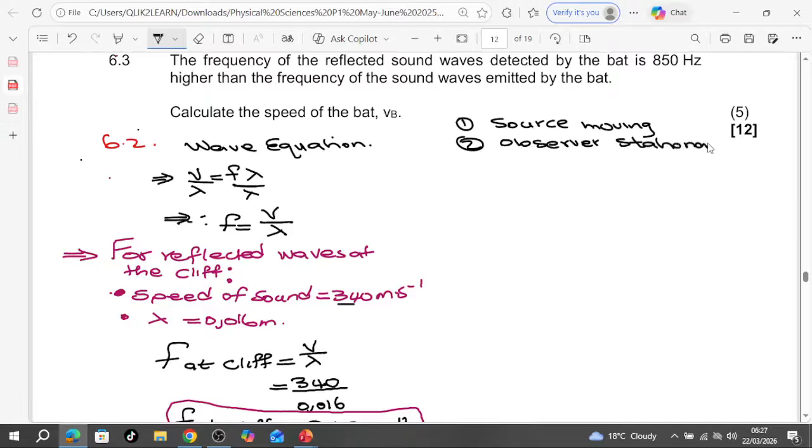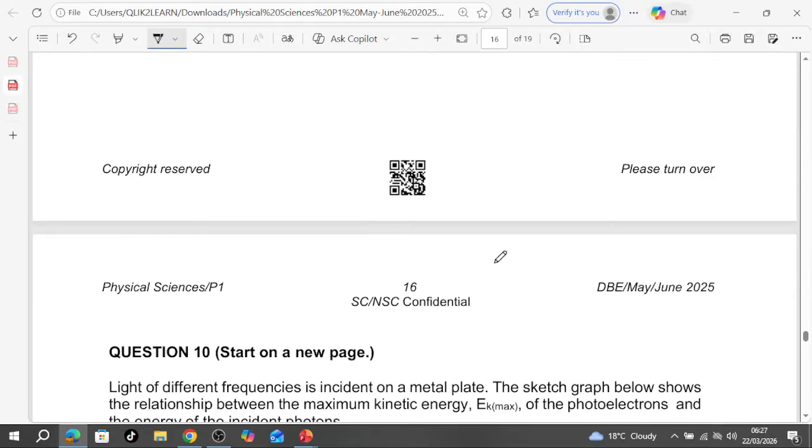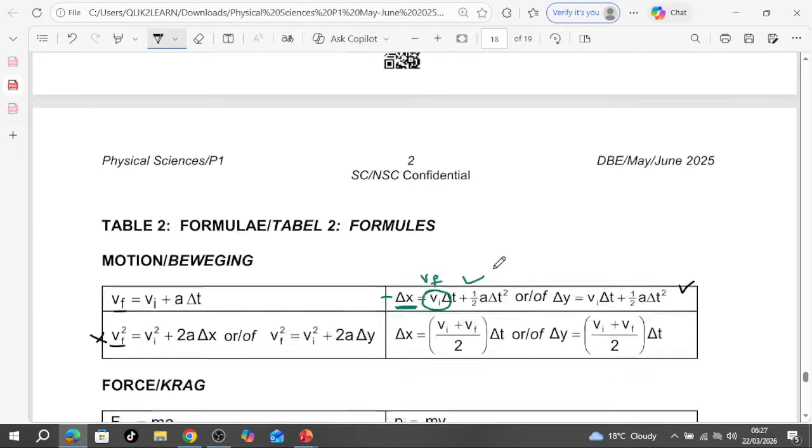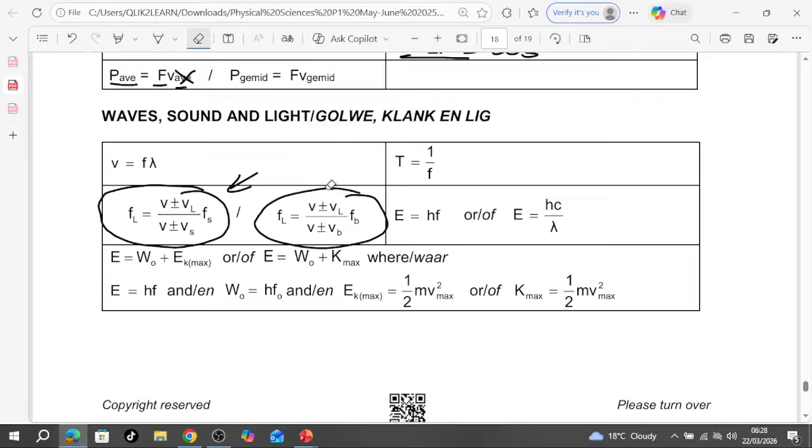If the source is moving and the observer is stationary, let's go to Doppler effect and choose the correct formula. These are the formulas for wave, sound, and light. Because you are looking for Fs, I'm just going to focus on that formula. So this one, let's not think about it.